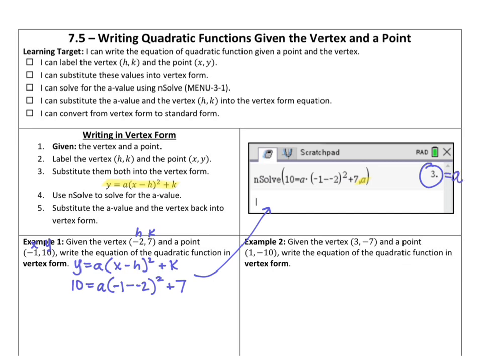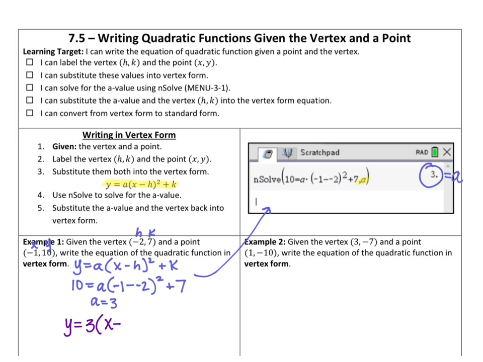So now what I'm going to do is step 5, plug it in. Now I want y and x because I want to just have the function, and the function needs a y and an x. So to write my answer, I solved using insolve and I got a equals 3. So now to get my equation, that function, I'm going to do y equals, now I'm plugging in a, so I know a is 3, parentheses x, but I'm also going to plug in my vertex.